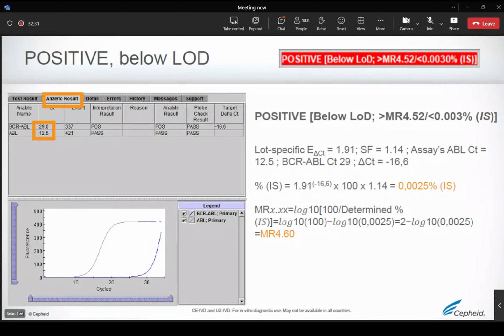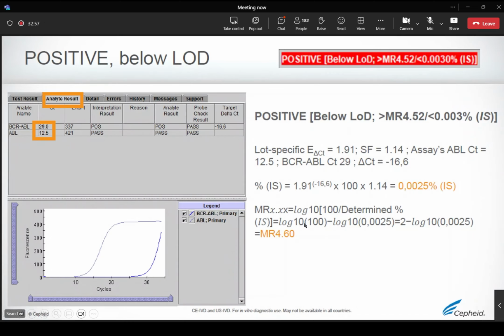Another case would be this positive below the limit of detection. It gives you more than MR 4.52 but less than 0.003% IS. So what is the exact value? You have to calculate manually yourself. In this case, you get 0.0025% IS value and MR value 4.6.